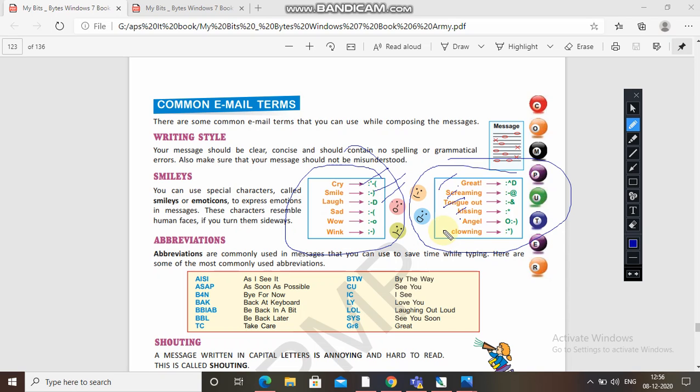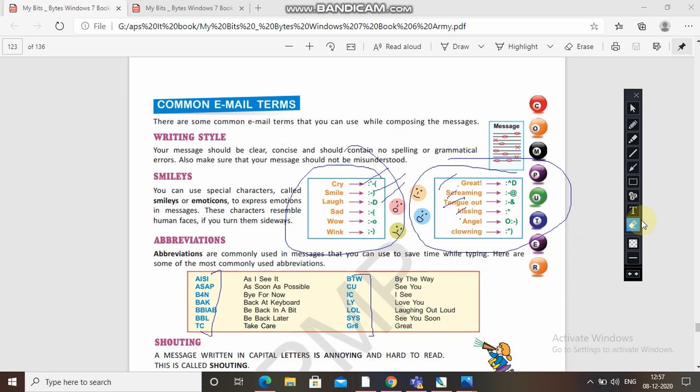BRB, be back in a bit. BBL, be back later. TC, take care. BTW, by the way. CU, see you. ILU, I love you. LOL, laughing out loud. CUS, see you soon. These are the abbreviations you must remember, and use them in your life too if you write text messages.